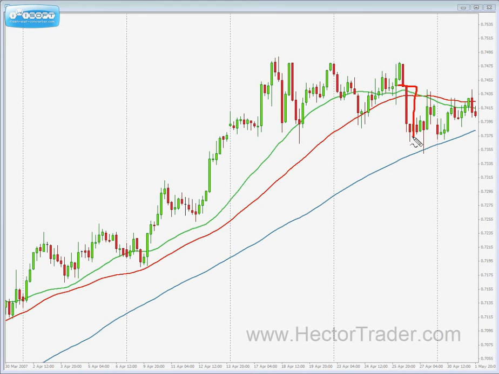Not only price plummets down across the 50, not only it breaches the 100, we get a crossover. That's it, the party's over, guys.